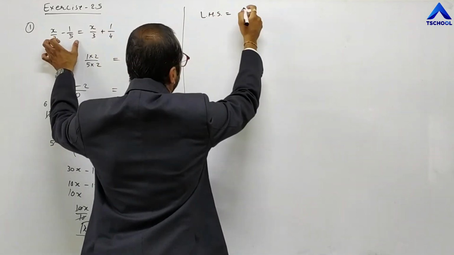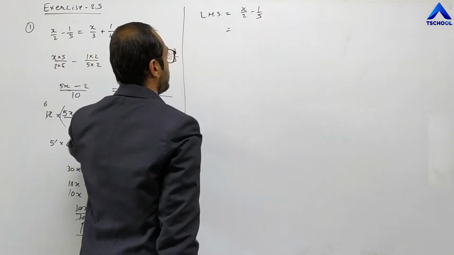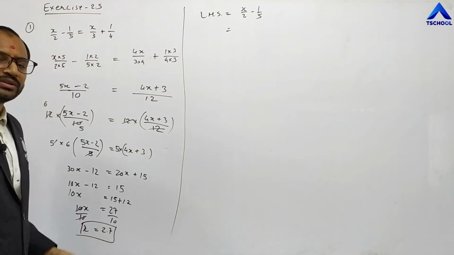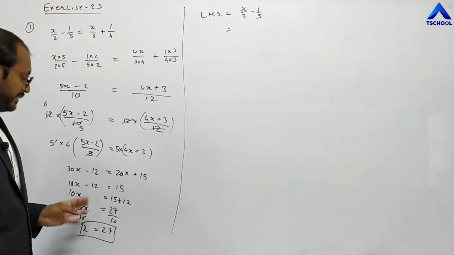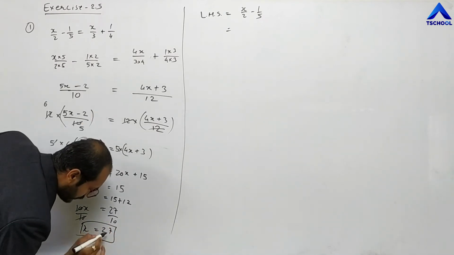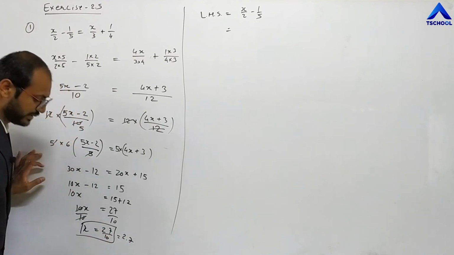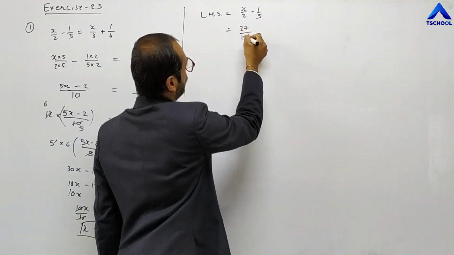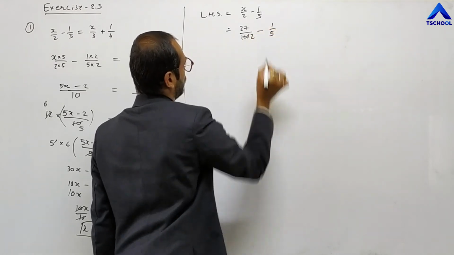The left hand side is x by 2 minus 1 by 5. What is x here? It is 2.7 or 27 by 10. Both are the same, so let me use 27 by 10, the simpler expression. So 27 by 10 multiplied by 1 by 2, minus 1 by 5.